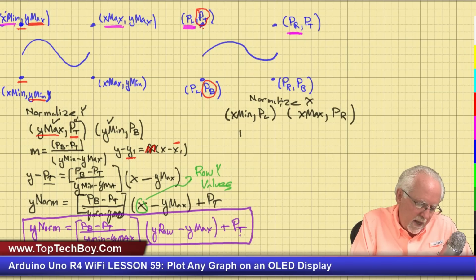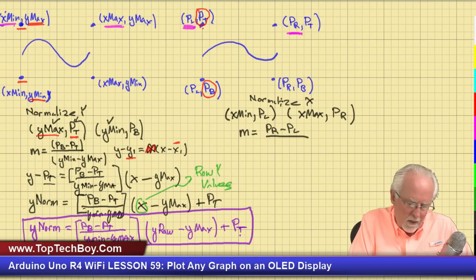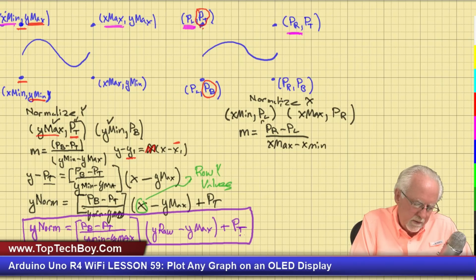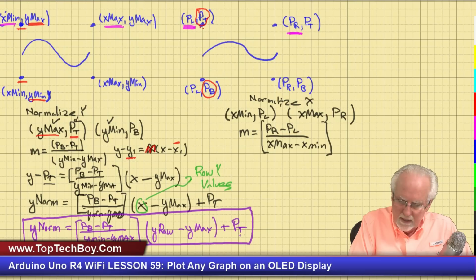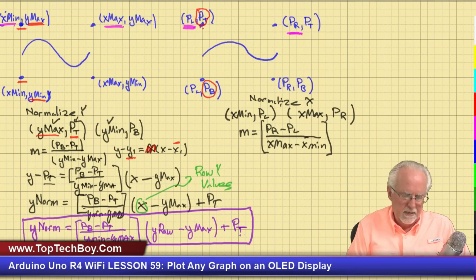I can make a line. M is equal to y2 minus y1, which is going to be PR minus PL over X max minus X min. That is the slope of the line, PR minus PL over X max minus X min.